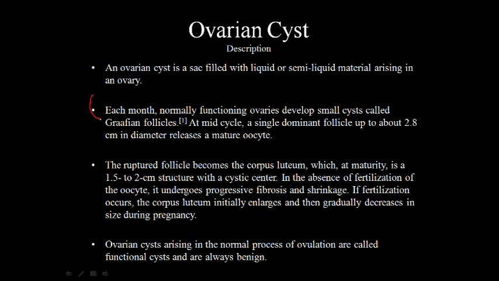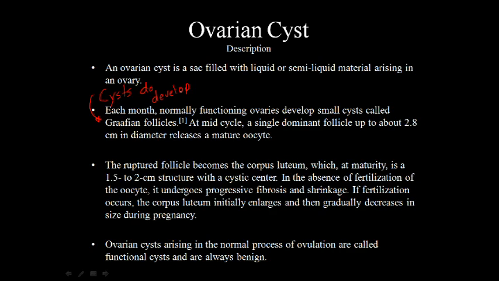So one thing you need to keep in mind is that each month cysts are developed. So even where there is no abnormality, there will be cysts. But normally these cysts pretty much go away after a specific point in the woman's menstrual cycle.